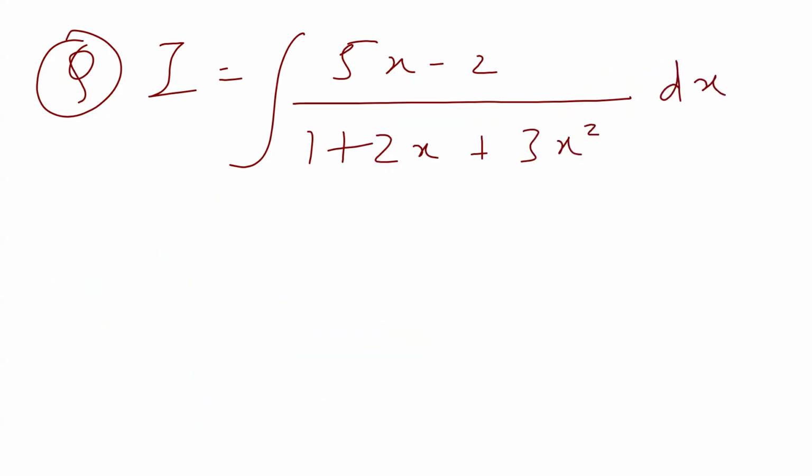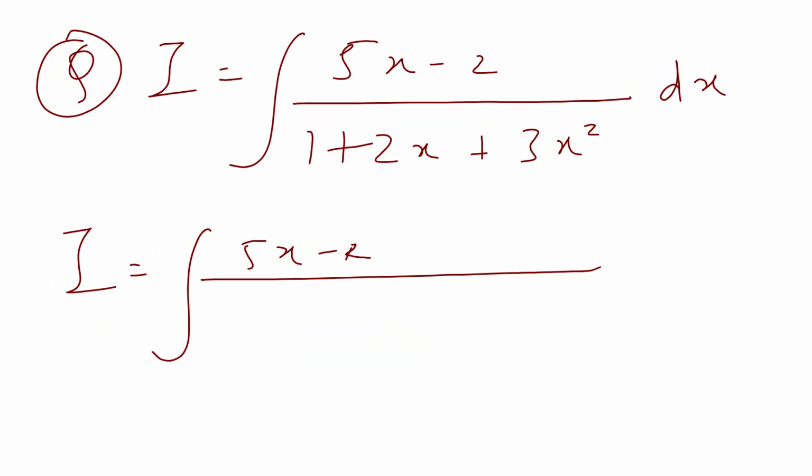First I'm going to rearrange this and write it in a specific order. Always the greater power comes first. So 5x minus 2 upon 3x squared plus 2x plus 1 dx.